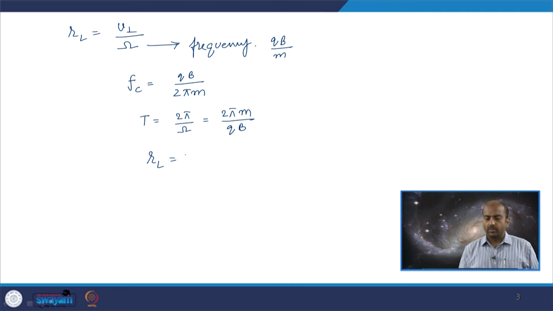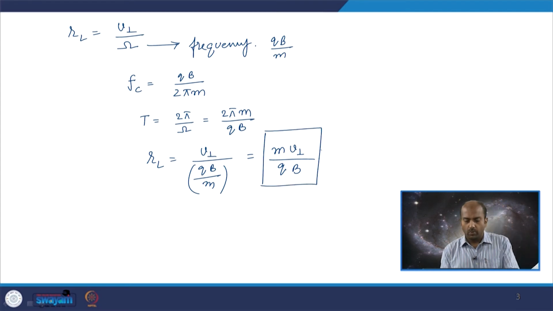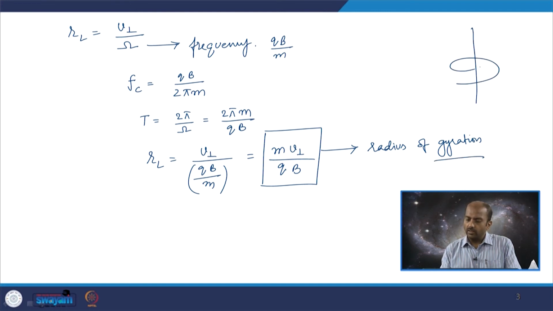Now the radius of this circular motion is written as V perpendicular by QB by M, which is M V perpendicular divided by QB. So, this is the radius of circular motion. This is called the radius of gyration. The particle is gyrating in this way, and this is the radius of gyration.